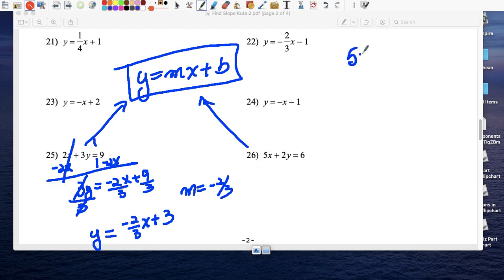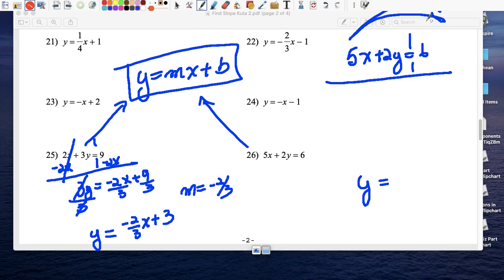26, let me just write that problem here. Again, let's make that look like this. So line in the middle, get rid of the 5x. Literally, I'm putting this 5x on this side, right? I'm shifting the 5x to that side. So minus 5x, and then I'm going to throw the 5x to the other side, but it becomes negative. That goes away. 2y comes down.